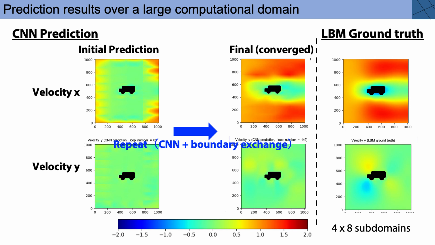The right side of the figures are the LBM ground truth. As shown in the figures, although there is a little difference especially in the boundary regions, the developed method can accurately predict values in almost all computational domains.